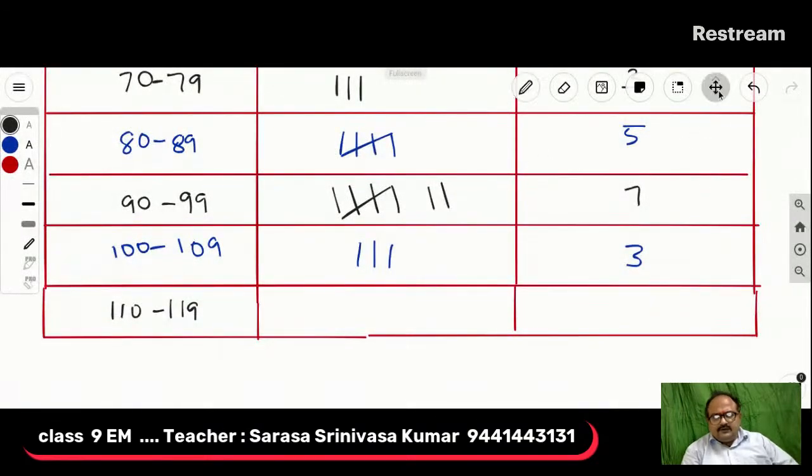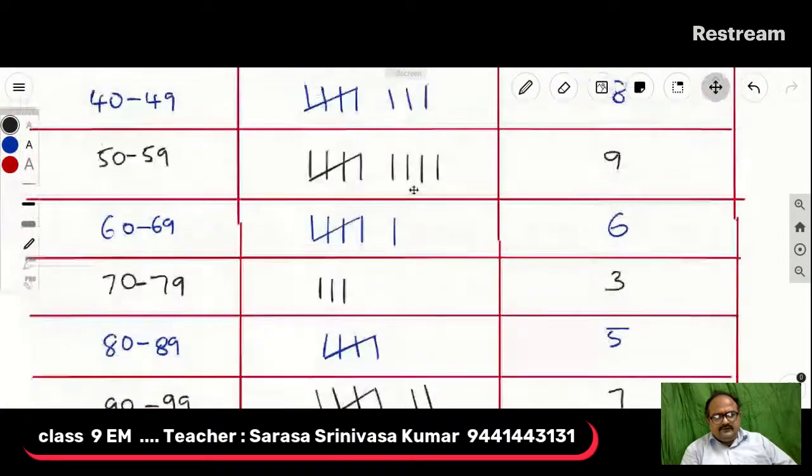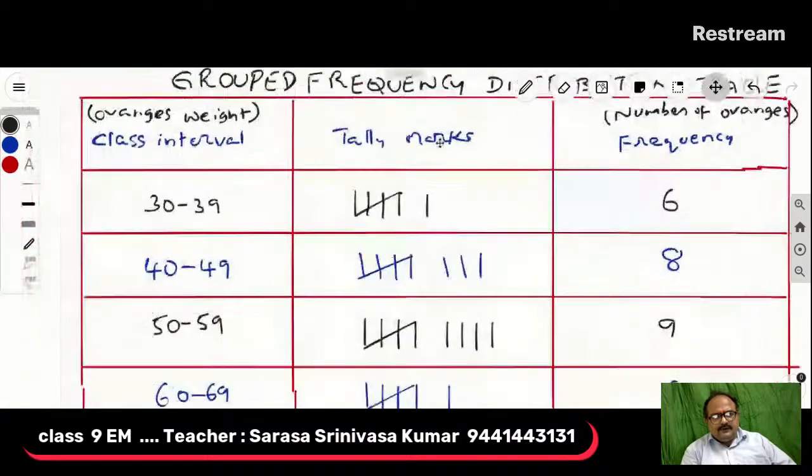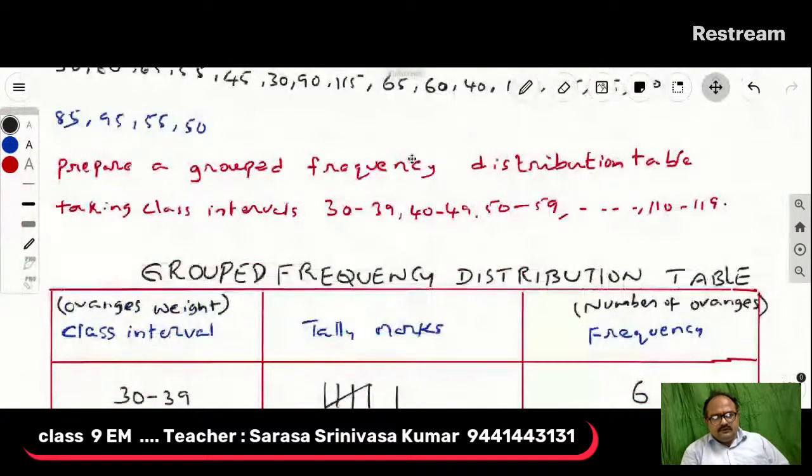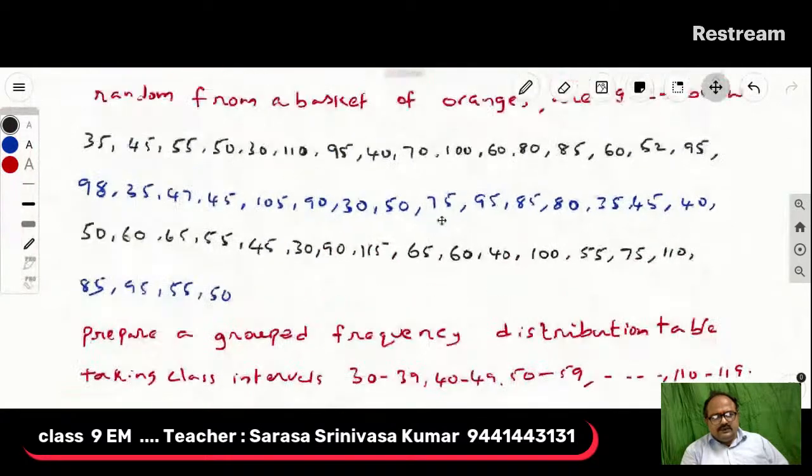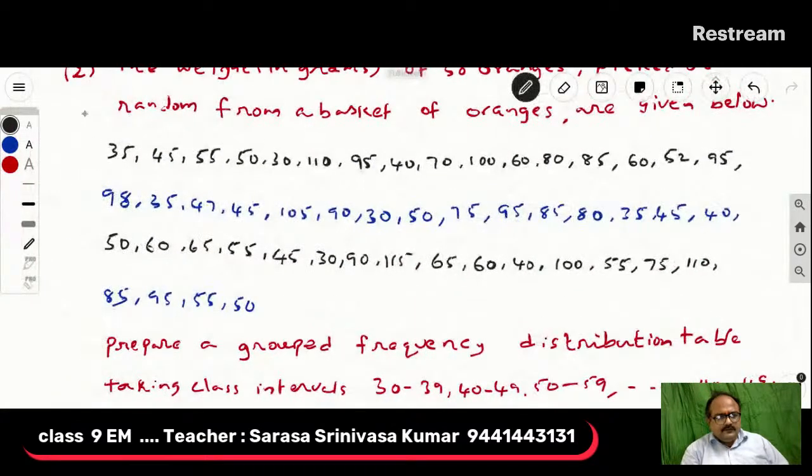Now let us count the number of oranges having the weight 110 to 119. In the first row, this is the orange in this class interval. So one orange.